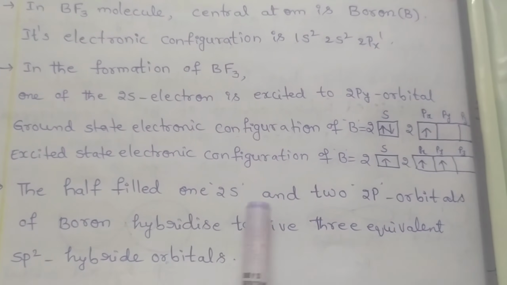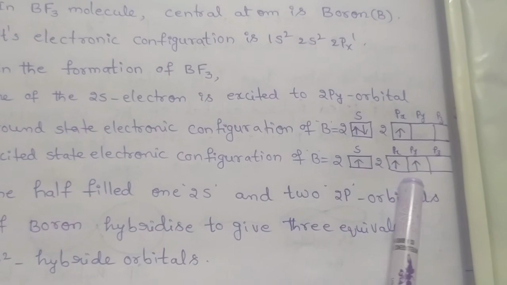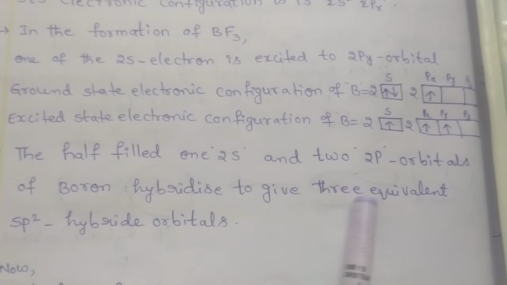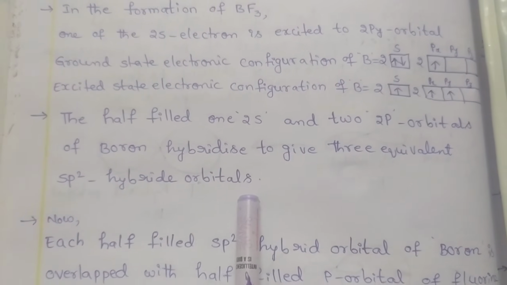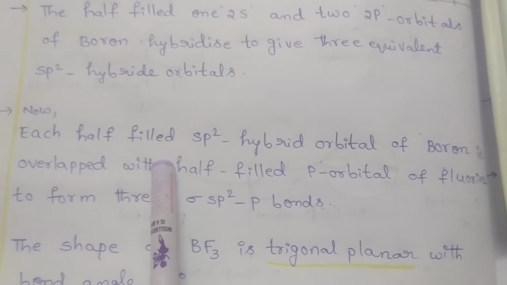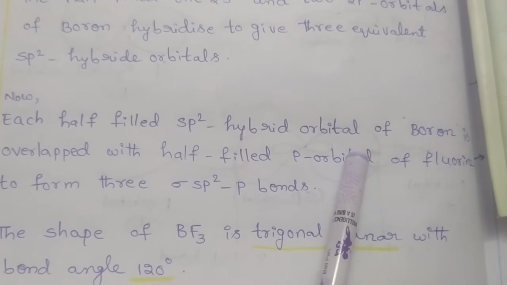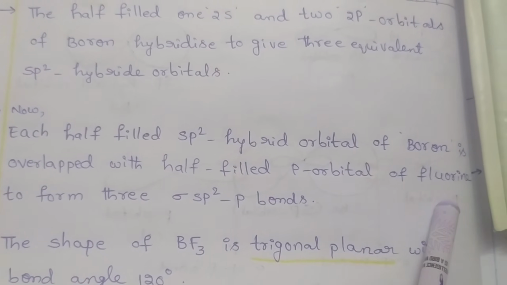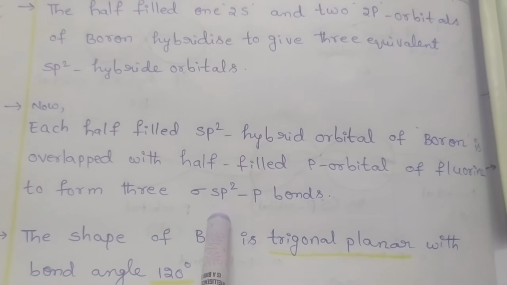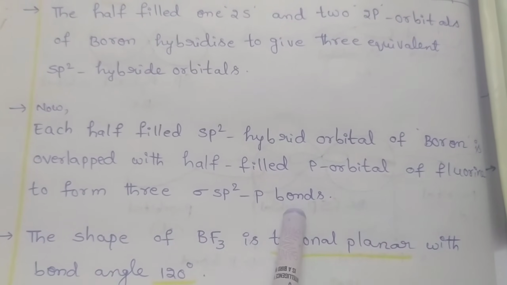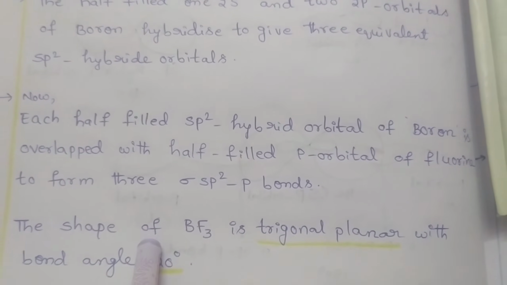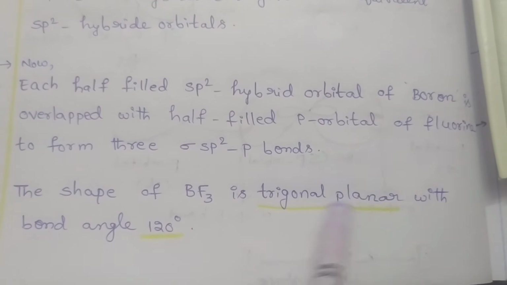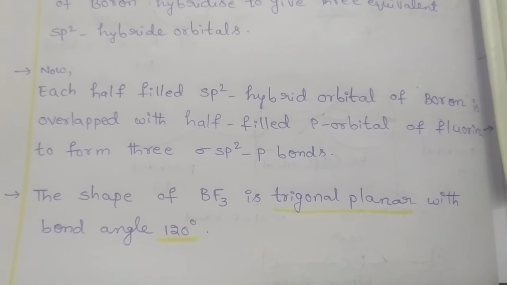Now, the half-filled 2s orbital and 2p orbitals are combined together to form three equivalent sp2 hybrid orbitals. Each half-filled sp2 hybrid orbital of boron is overlapped with the half-filled p orbital of fluorine to form three sigma sp2-p bonds. The shape of boron trifluoride molecule is trigonal planar with bond angle 120 degrees.